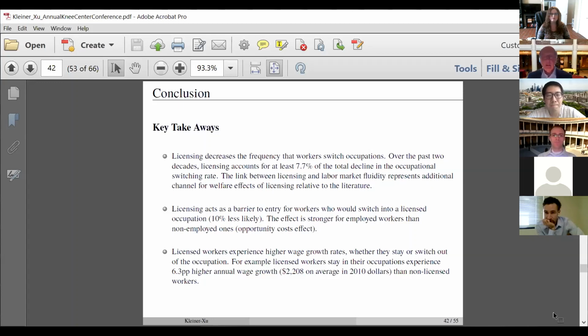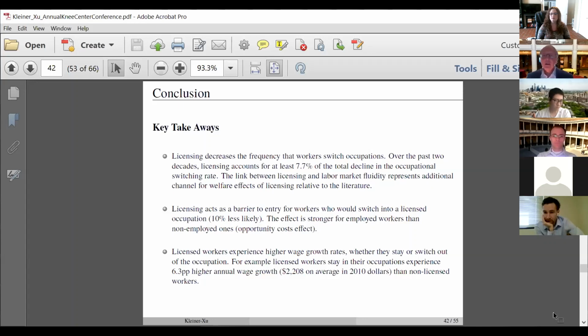Yeah, certainly. Very good question. And the issue is, and this is true in a lot of occupational choice models, that people choose their occupation. But if there's any exogenous shock, or you go into an occupation and don't find it to be a good one, and you want to switch, then your ability to switch into a licensed occupation is reduced.